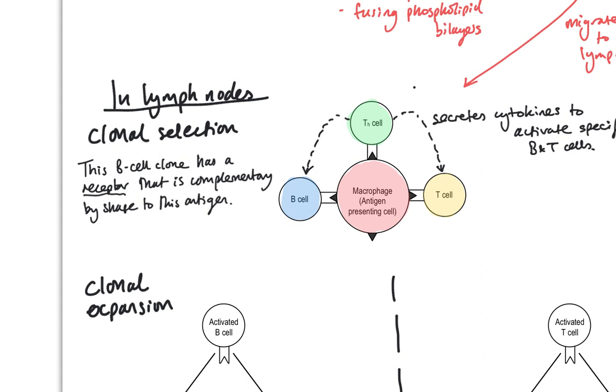And crucially, it takes time to find this cell. Yeah, it may take 2 to 3 days to locate this specific B cell. I could say the same for the T cell on the other side as well.